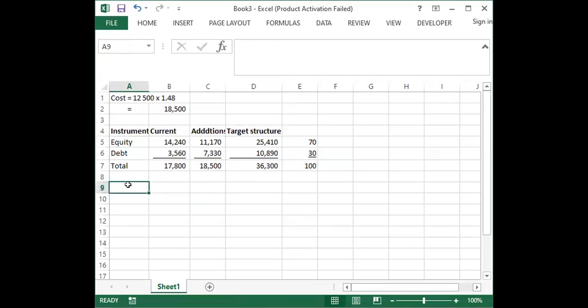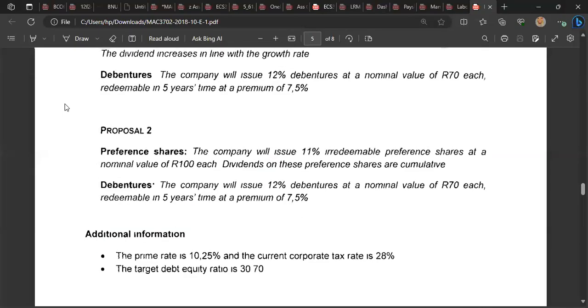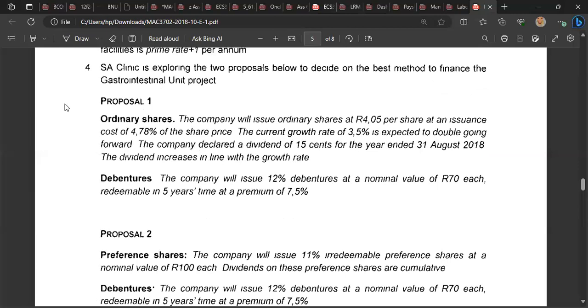So in terms of option number 1, we are going to read through the scenario now and see how we need to fund that, which is proposal number 1. In proposal number 1, the company will issue ordinary shares at that value.